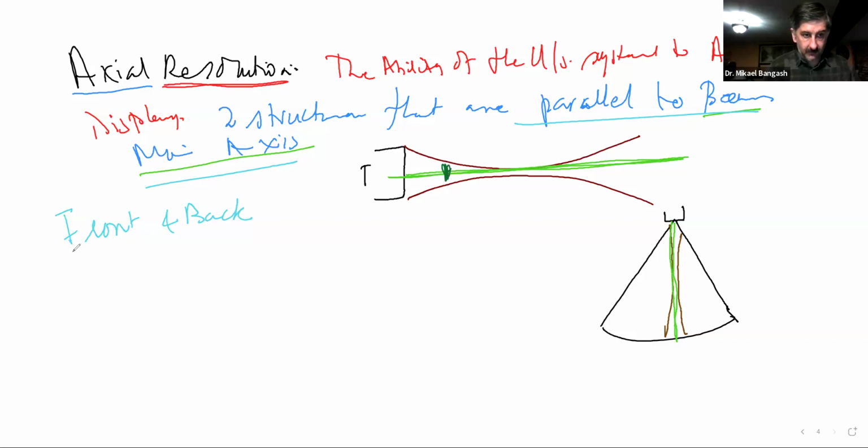If this here was front, this one here would be back. Or on a scan, if this here was back, then this one here would be front. Or we can say shallow and deep.